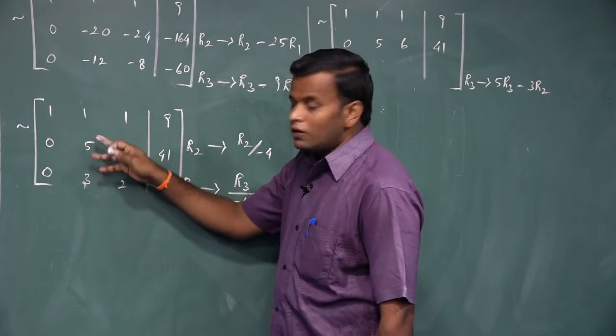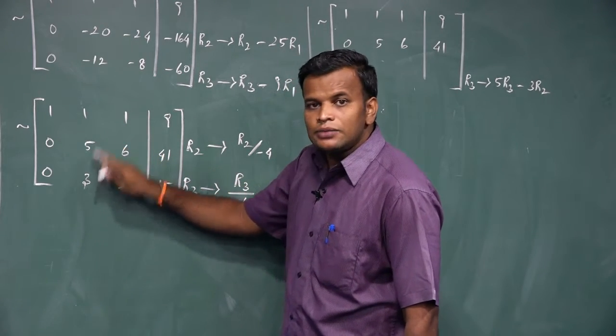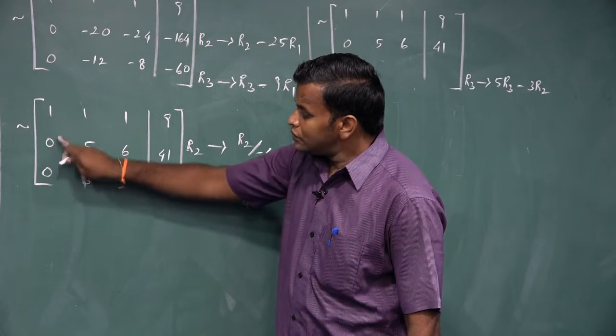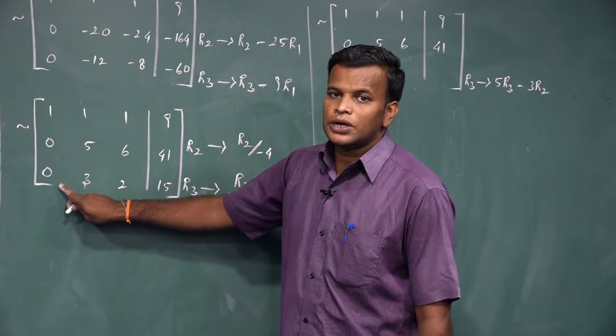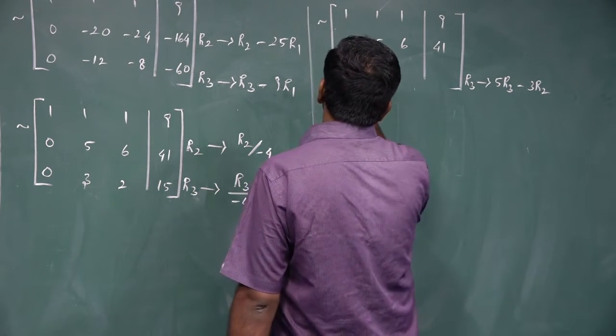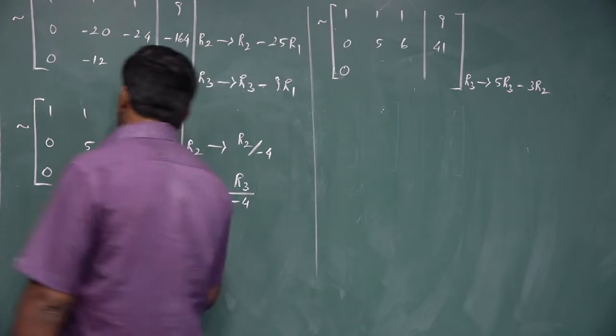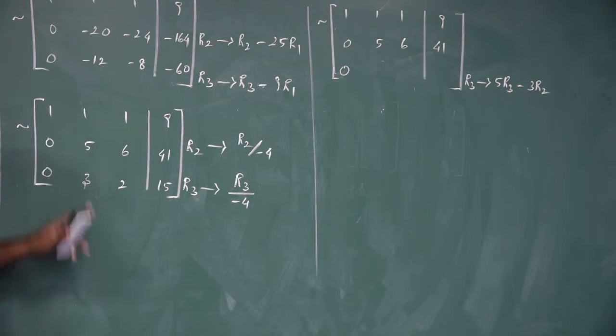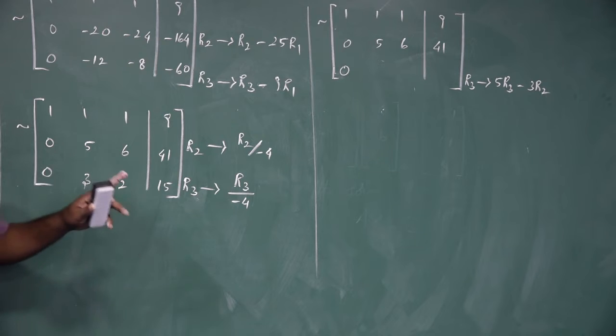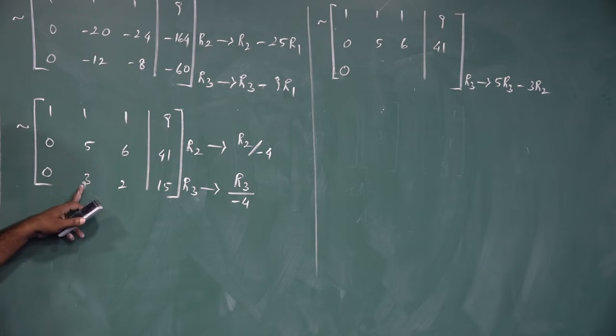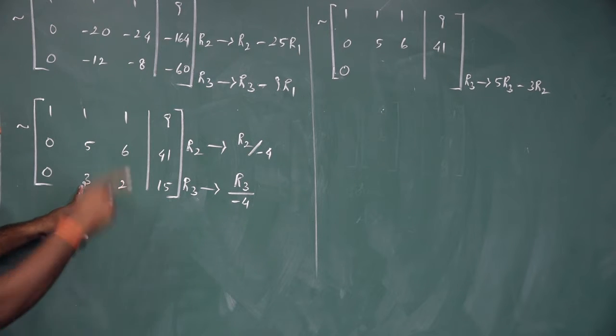Both the numbers are 0, so whatever process we do, the value becomes 0. That element also becomes 0. The element 3 now becomes 0 because we write R3 as 5R3 minus 3R2: 5 threes are 15, 3 fives are 15.